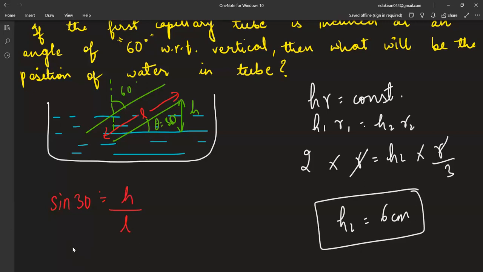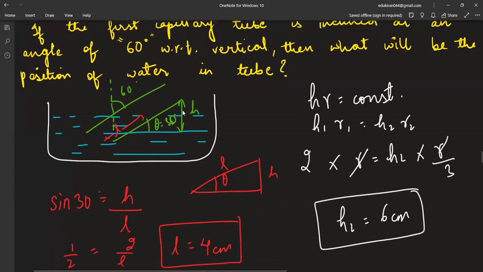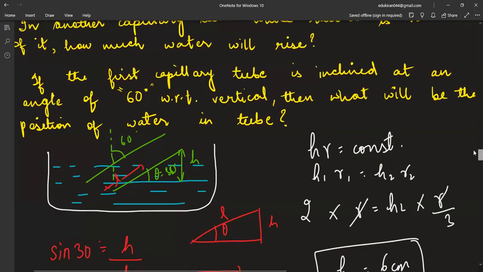So this is half, equal to 2 by L. So length is 4 centimeters. Position of water means this much, not the total length of the tube. This means the length of water. So this is the triangle formed between water level, theta and height. And why are we using 2? Why not 6 centimeters? 2 is used because it is saying the first capillary tube is inclined. Fine. Write it down. Then we'll start with viscosity.